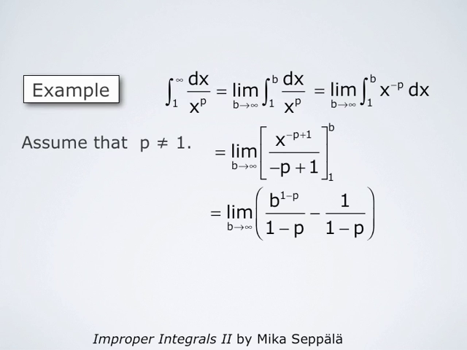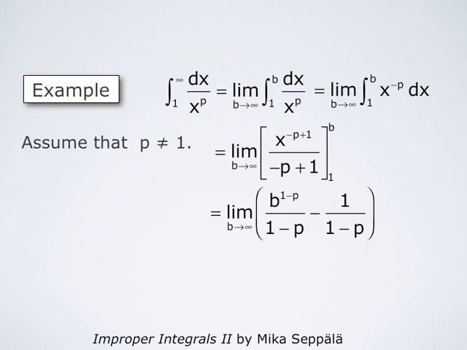Now the substitution gives that the improper integral from 1 to infinity of dx divided by x to the power p is the limit as b goes to infinity of b to the power 1 minus p divided by 1 minus p, minus 1 to the power 1 minus p, that is just 1, divided by 1 minus p. Here, negative p plus 1 is more conveniently written as 1 minus p.